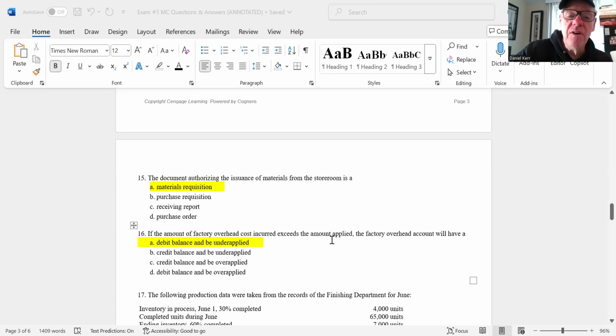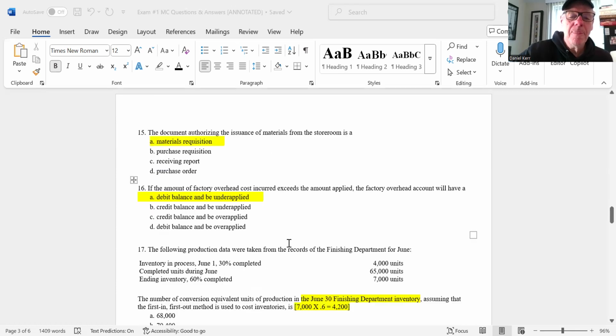And if you have underapplied overhead, the factory overhead account will have a debit balance, because on the debit side, the left-hand side of the little T account, you put costs incurred, and on the credit side you put costs of overhead applied. So if you've got more incurred than applied, you're going to have a debit balance. So the answer there is A.